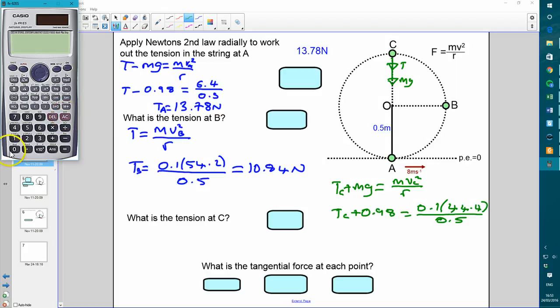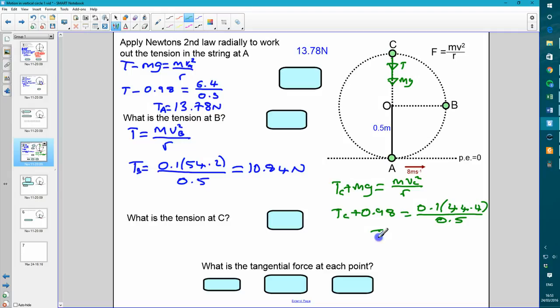So we've got 0.1 times 44 divided by 0.5, and we will subtract 0.98, and that gives us a value of 7.9.